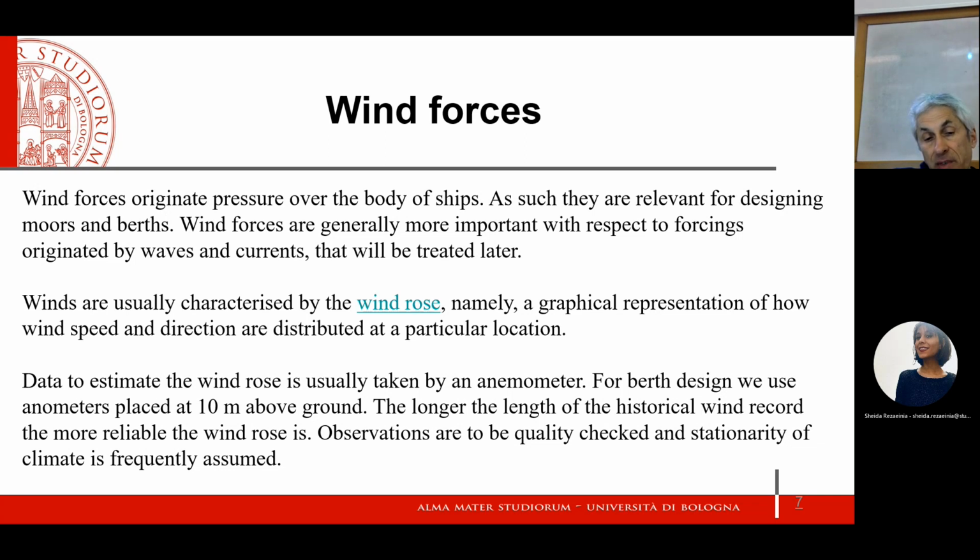In general, I start with wind forces, and my discussion is more focused on wind forcings because these forcings are, in general, more stressful with respect to the forces due to waves and currents. So usually the wind is the main component. Of course, you may have exceptions, depending on the local context, but in the great majority of the cases, this is the higher forcing.